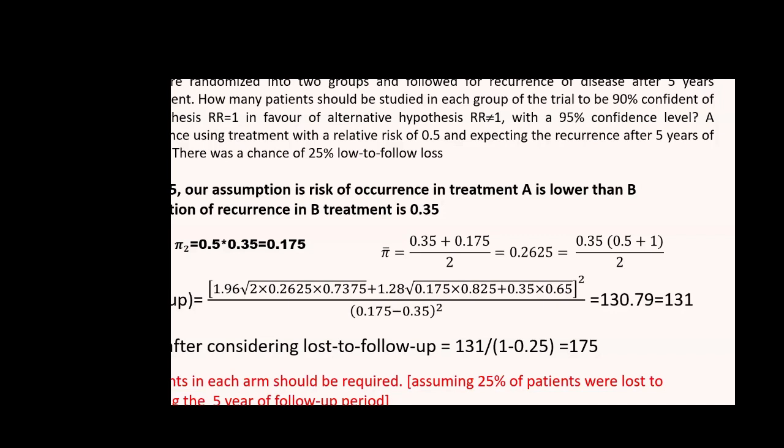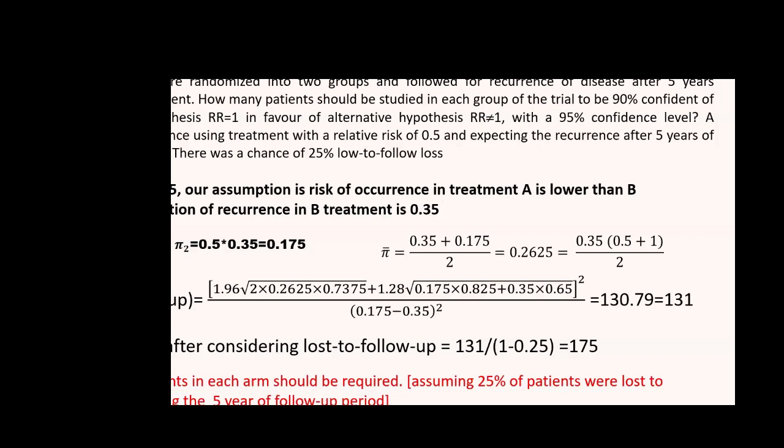How many patients should be studied in each group of the trial to be 90% confident of rejecting the null hypothesis R equal to 1 in favor of the alternative hypothesis R not equal to 1 with 95% confidence level. A reduction in the recurrence using treatment A with a relative risk of 0.5. So there is a reduction of 50% using the new treatment.